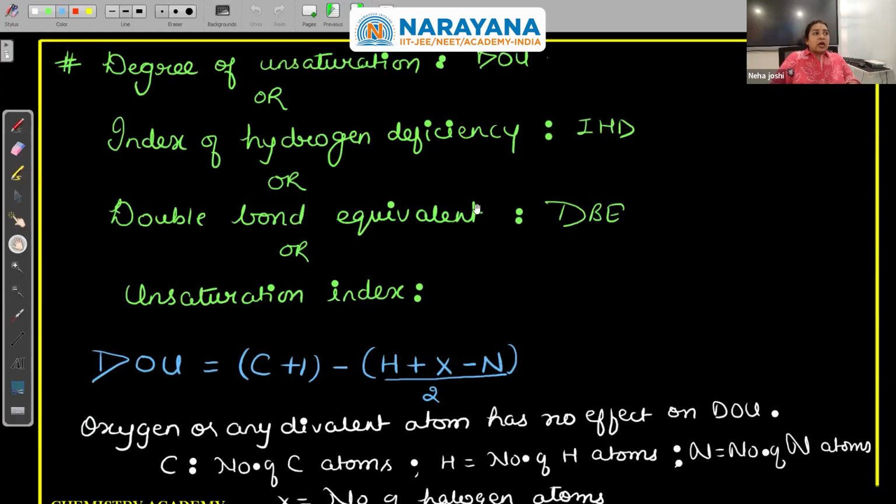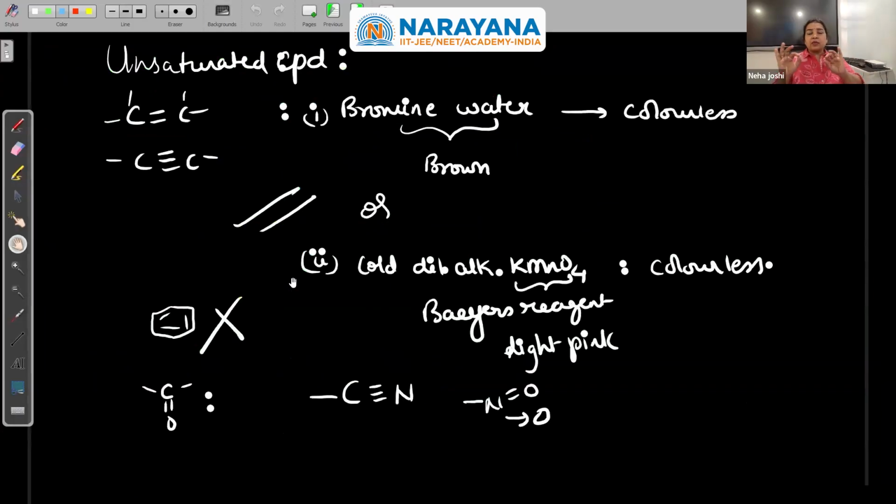If I say this compound is unsaturated, it should show some chemical behavior, some chemical reactions. A compound will be called unsaturated only when it shows the unsaturation tests, which are bromine water decolorization or cold dilute alkaline KMnO4 decolorization.